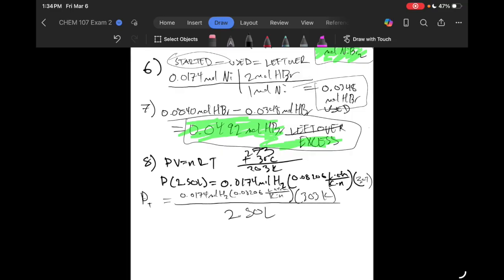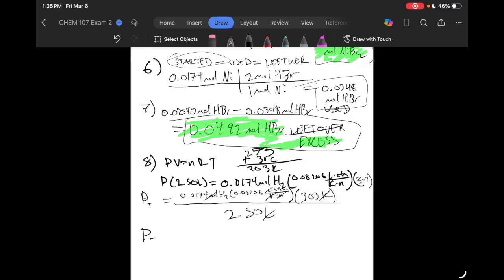First, let's cancel out all of our units, just to prove that we are indeed finding the pressure. Moles of H2 here cancel with the moles on the bottom. Kelvin cancels with the Kelvin. Liters at the bottom cancel with the liters up there. So we're just left with atmospheres, which is our unit of pressure. So indeed we are finding pressure.